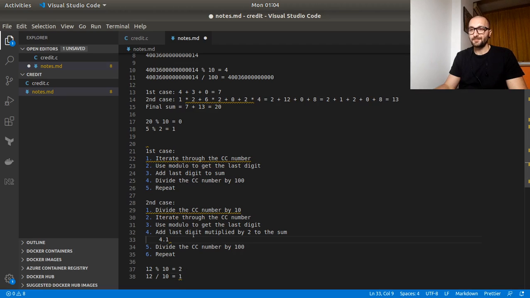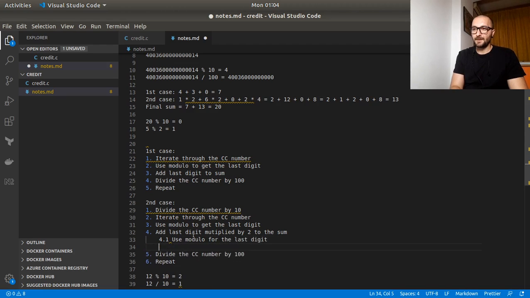Okay, so use modulo for the last digit, 4.2, use division for the first digit. It will always be the second digit, but I'm just calling it last on 4.1.